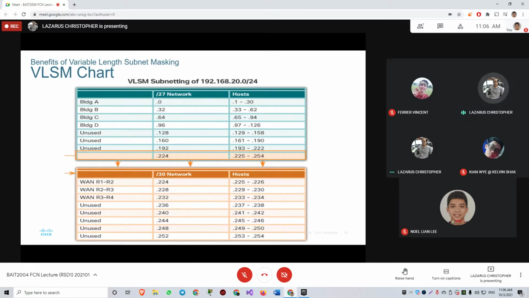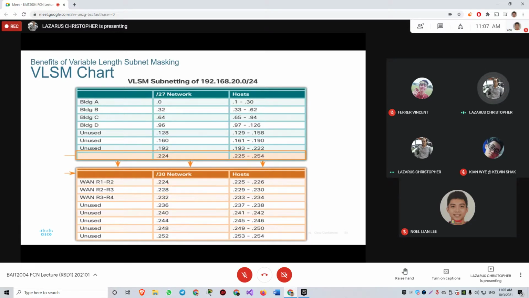So you can see, 224 is the network address. If the next one is 228, you know the broadcast for the first subnet will be one below 228. So 224 here is the network address, and the broadcast address will be 227.